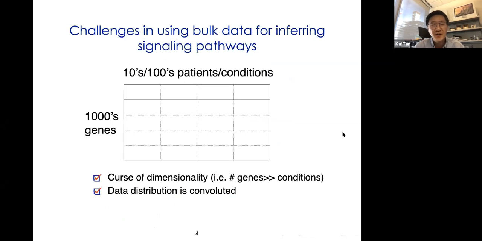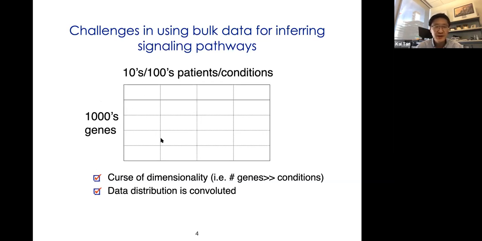many methods have been developed to infer signal transduction pathways using bulk data, but they suffer two complications from a computational point of view. The first one is the so-called, as you probably all know, curse of dimensionality. Here, what that means is the number of genes you want to study far exceeds the number of independent measurements you can obtain, be it number of patient samples or conditions.